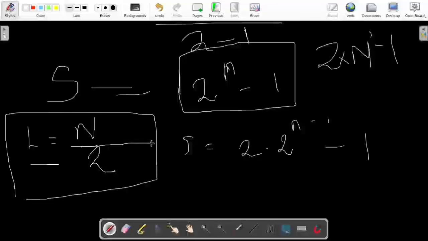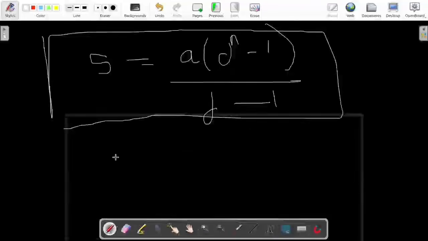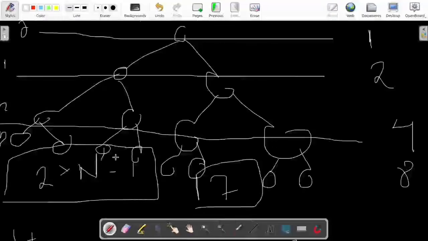I mentioned one thing wrong: the total number of leaf nodes is not n by 2, it is n plus 1 by 2 in a complete binary tree, where n is the total number of nodes. And you can verify this formula over here.